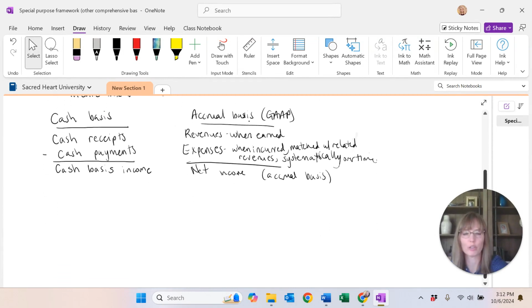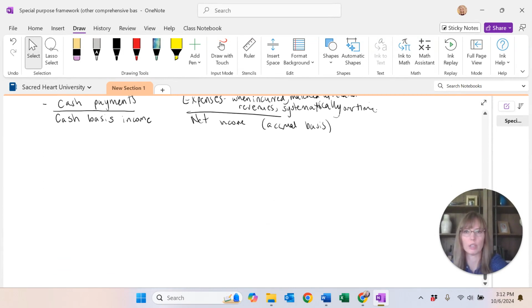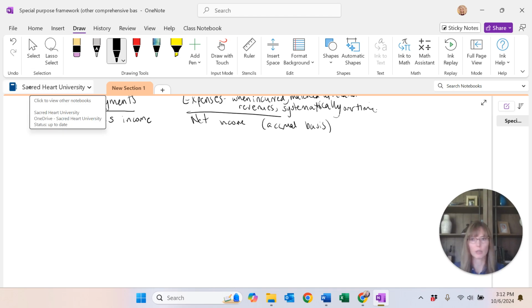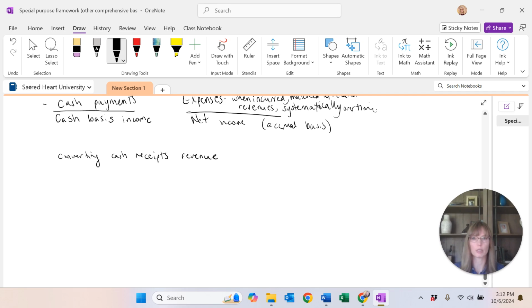So let's review what these rules are so that we can convert. Instead, with the statement of cash flows, we were converting the net income into cash from operating activities. Now what we're going to be doing is converting cash receipts into revenue on an accrual basis.